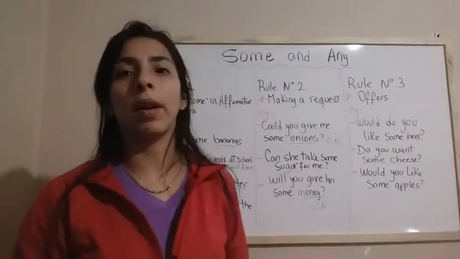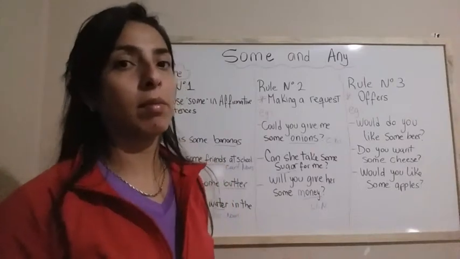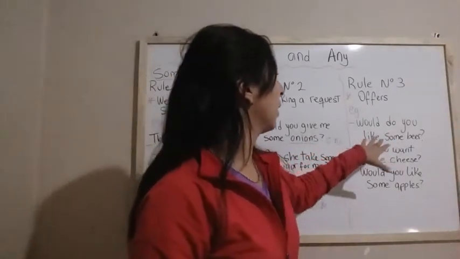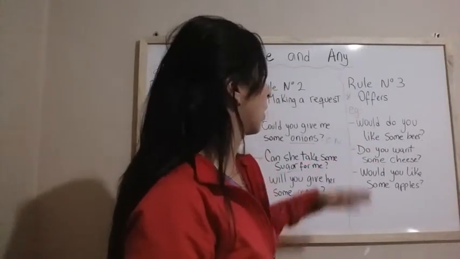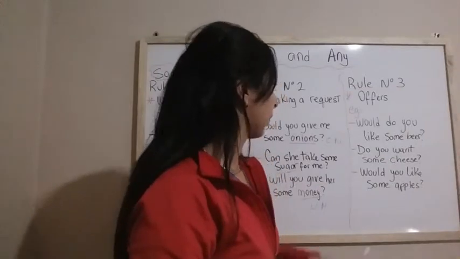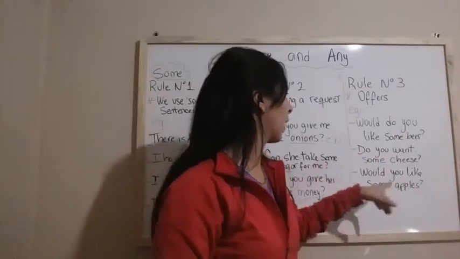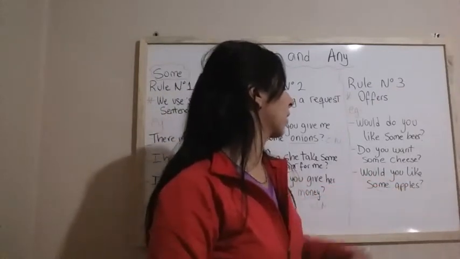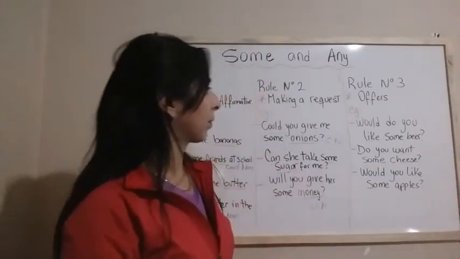Then rule number 3 is offers. It is when you are offering something to somebody, okay? For example, would you like some beer? ¿Quisieras algo de cerveza? Do you want some cheese? ¿Quisieras algo de queso? Would you like some apples? ¿Te gustarían algunas manzanas?